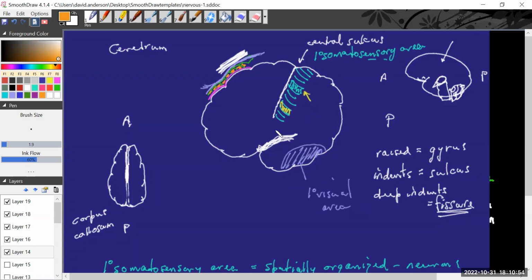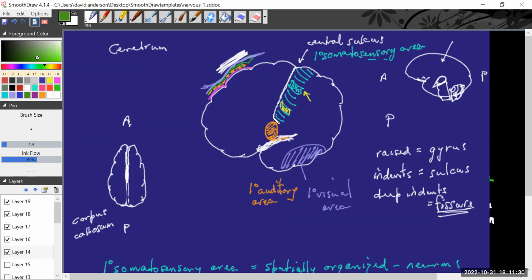Okay, and in this region, right in the junction between this lateral fissure and this central sulcus, we've got a group of neurons known as the primary auditory area. What do you think the sensation is that these neurons receive? Hearing. Yeah, hearing. Okay, now it gets a little tricky, but all the senses are represented.